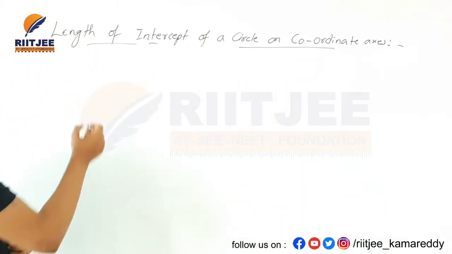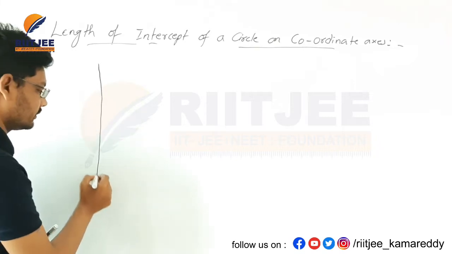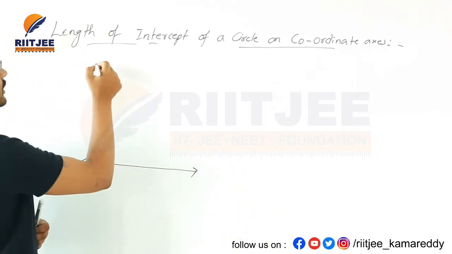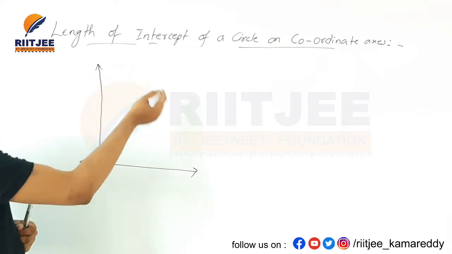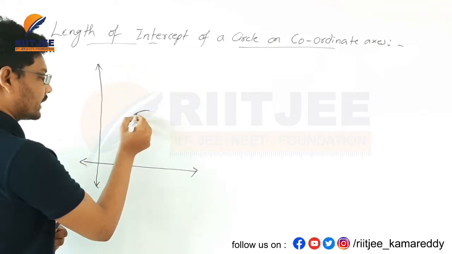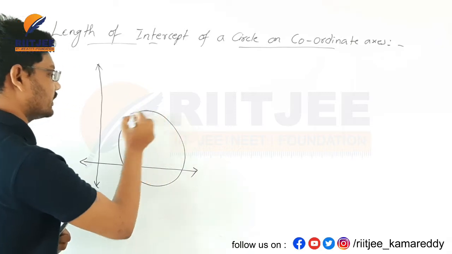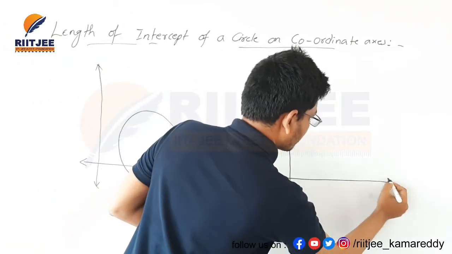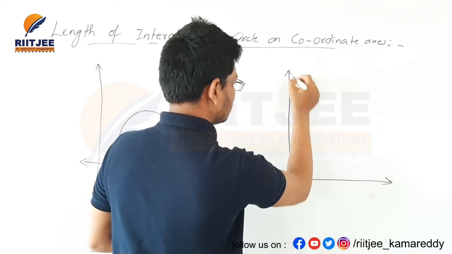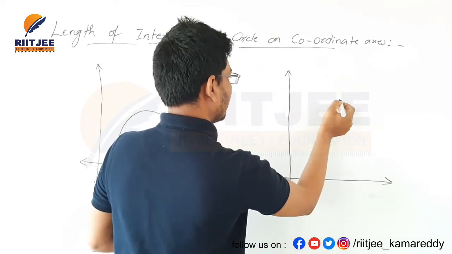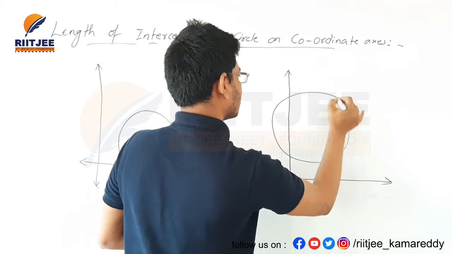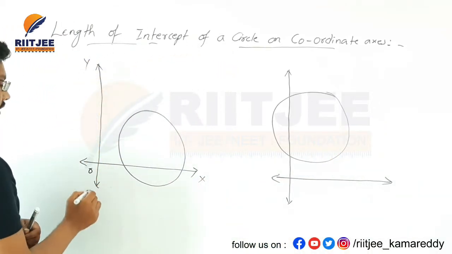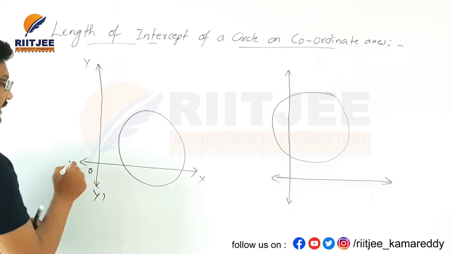Here let us take coordinate axes. A circle intersects the coordinate axis on the x-axis in the first case and on the y-axis in the second case. This is the x-axis, this is the y-axis, this is the origin, y dash and x dash.